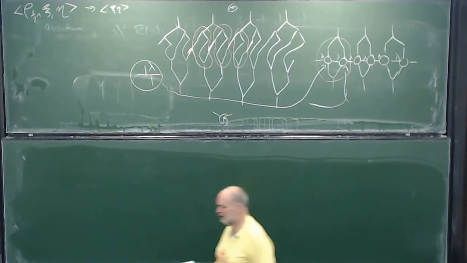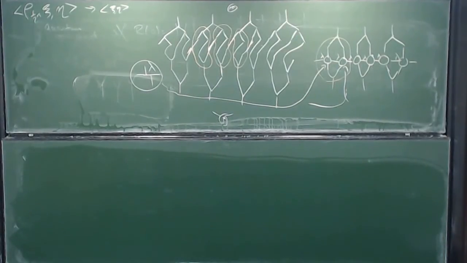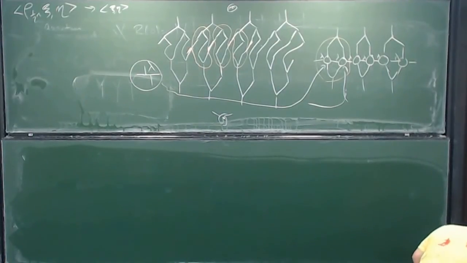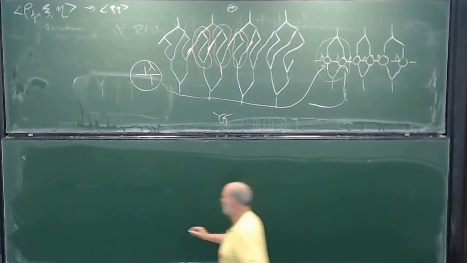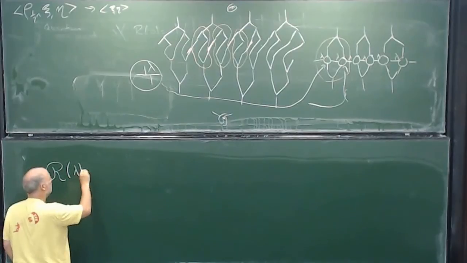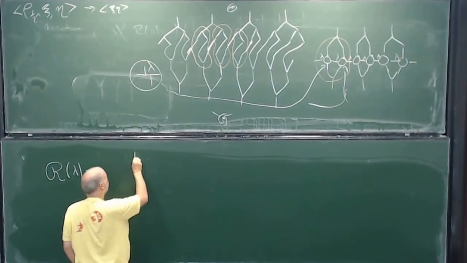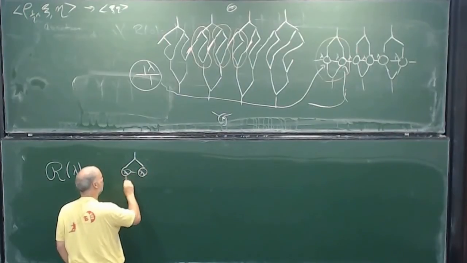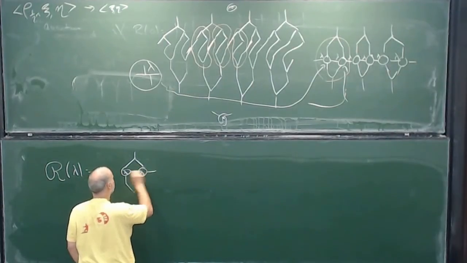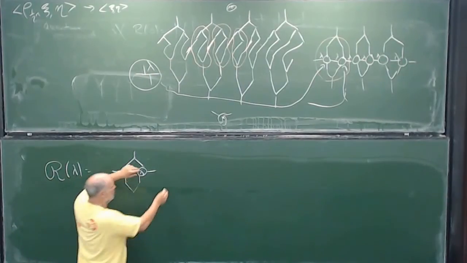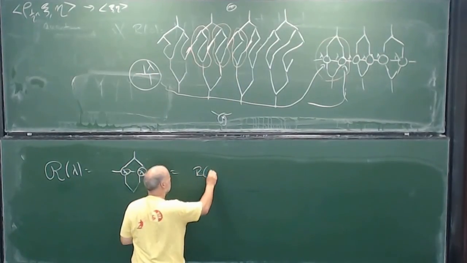So thus, if I define this renormalization transformation as follows, renormalization of lambda to be this, this has taken a value of lambda and produced another one.